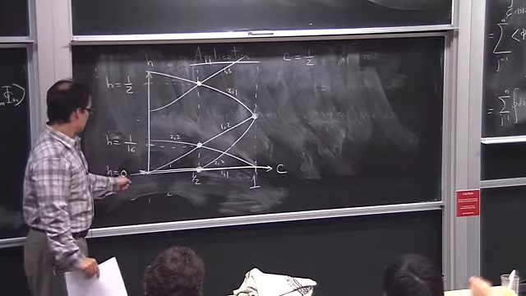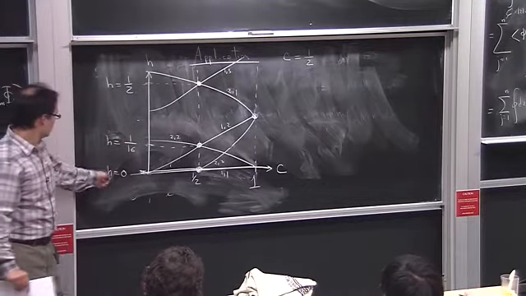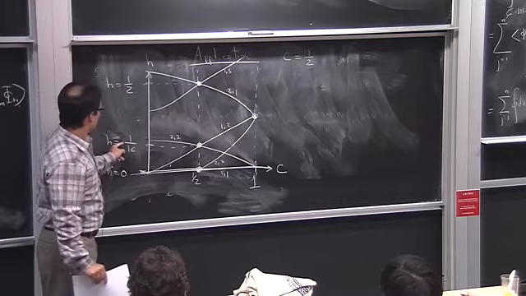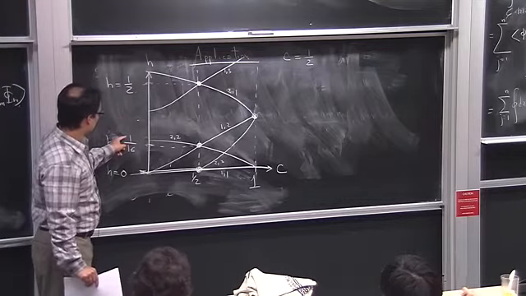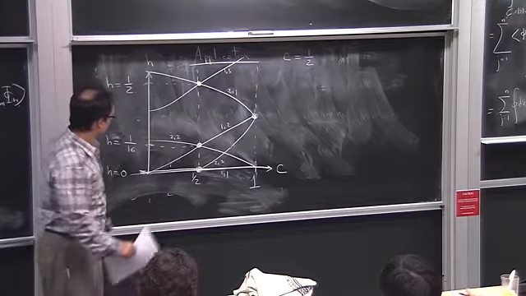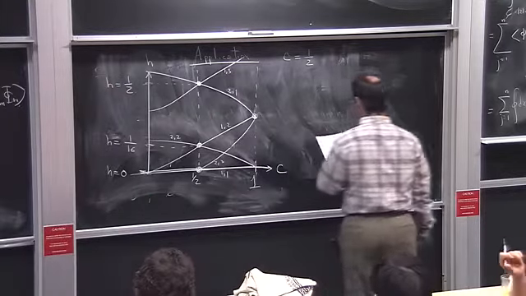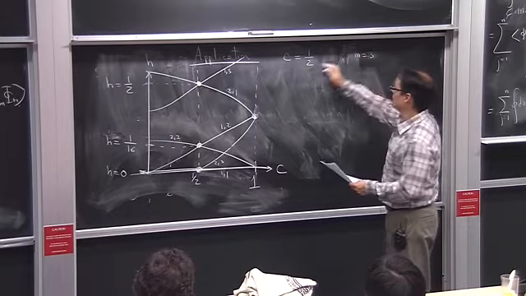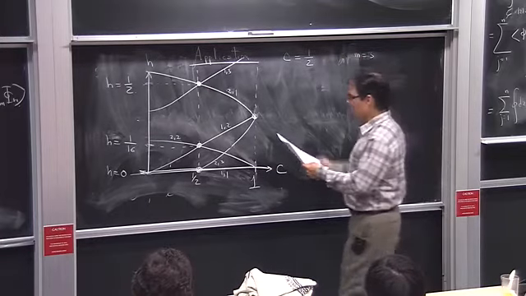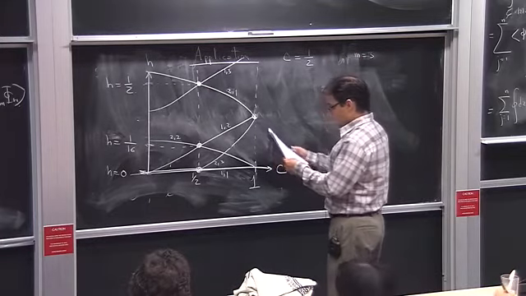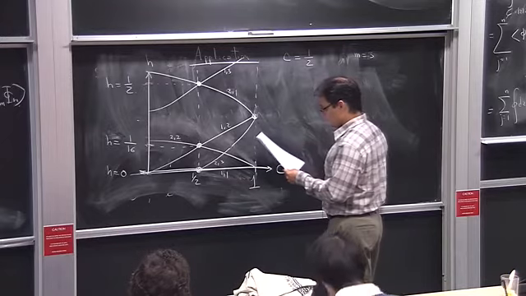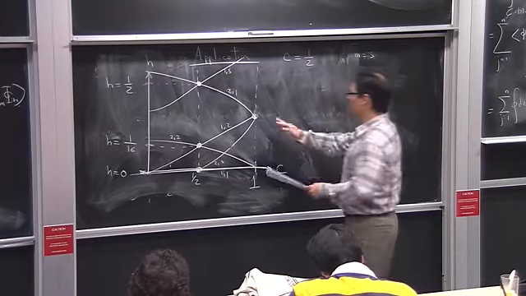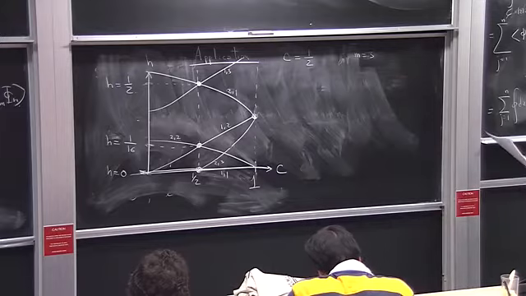This one is a trivial one, the identity. But we will have 2 interesting primaries with conformal dimensions a 16th and a half. And this corresponded to the case m equals 3 in the discrete series. So that's the theory we want to consider.